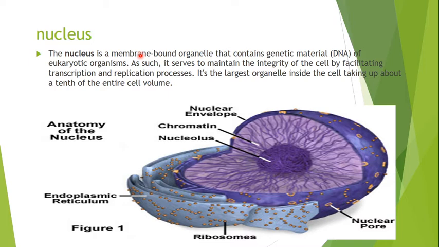It carries the characters of one living organism to its offspring. Eukaryotic organisms have it as such. It serves to maintain the integrity of the cell by facilitating transcription and replication processes. Okay, we'll move to the next slide.